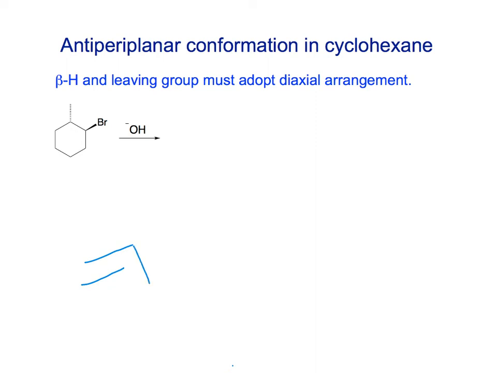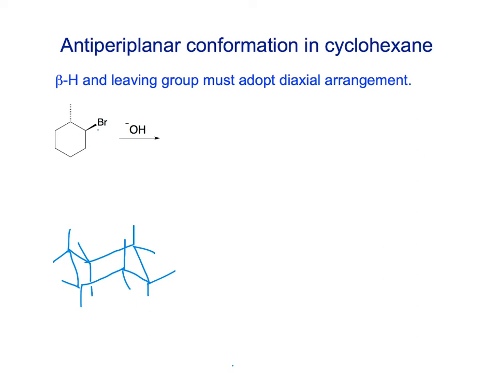I'm going to draw it just like we did before. I'm going to add in all of the bonds. And then I'm going to place the bromine and the methyl group.